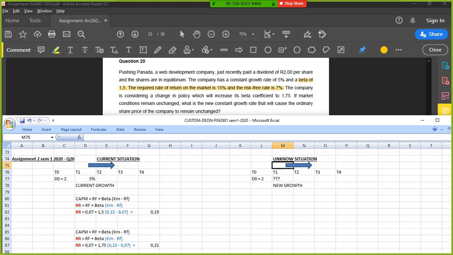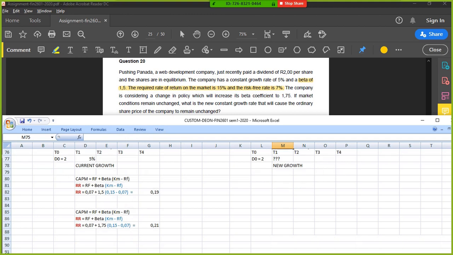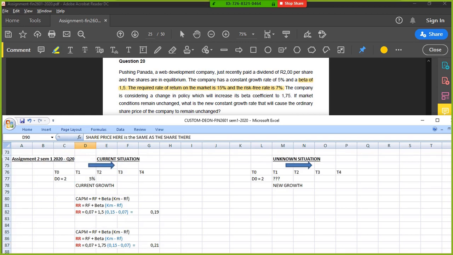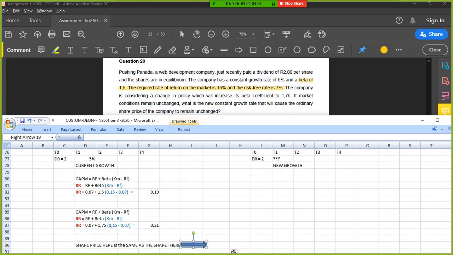The only thing that we know will stay the same from this situation to that is the share price. The share price here is the same as the share price there. Are you still with me? Does it make sense? Yes, it does.